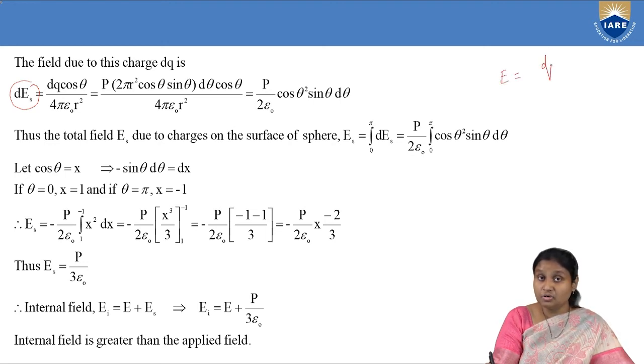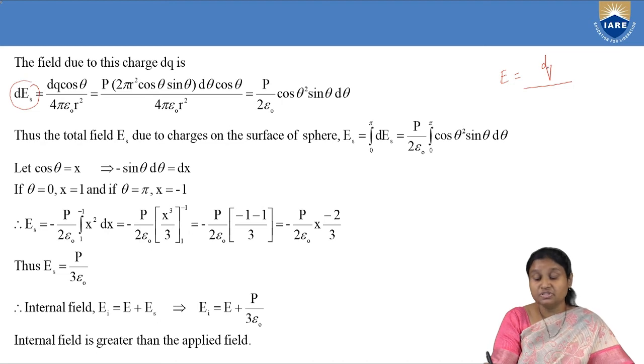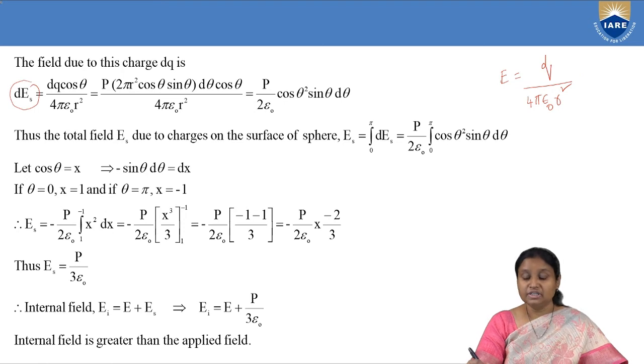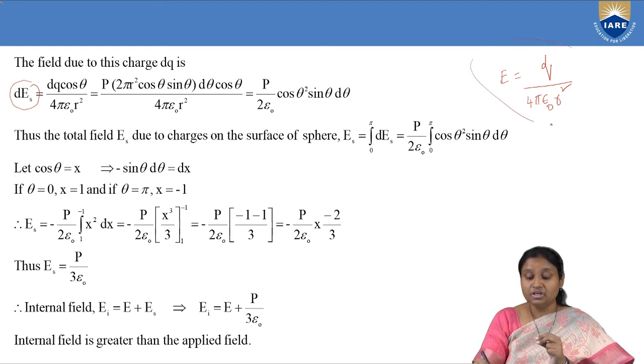Electric field due to one type of charge distribution is Q by 4 pi epsilon naught r square, where r is the distance of the charge from the point considered. So suppose I have a charge and I want to find the electric field because of the charge at a point which is at a distance r from the charge, this is the formula for electric field.